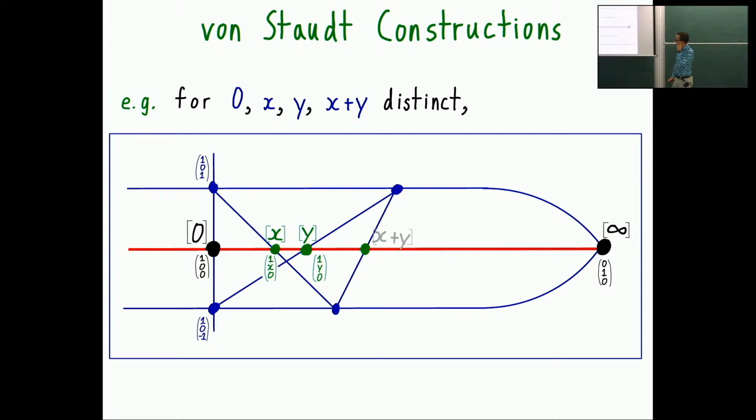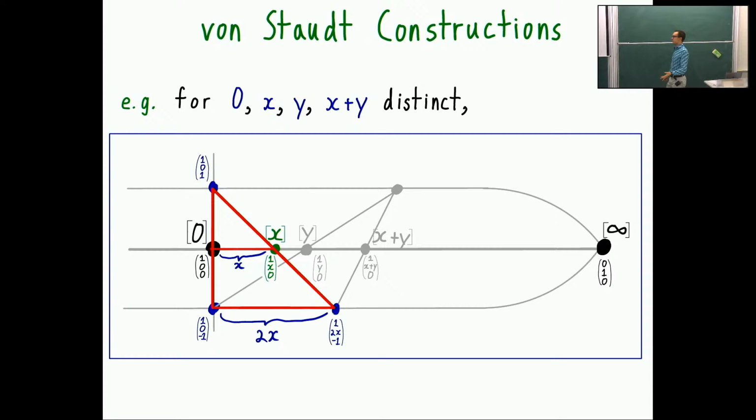Okay, so let us look first at this point, and a vector that corresponds to this point. Either think of the span of these two vectors and where they intersect, or from the Cartesian perspective, these are similar triangles.